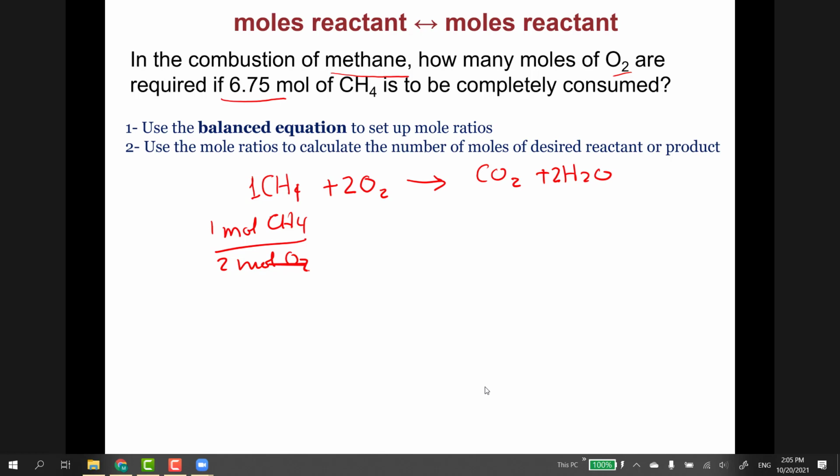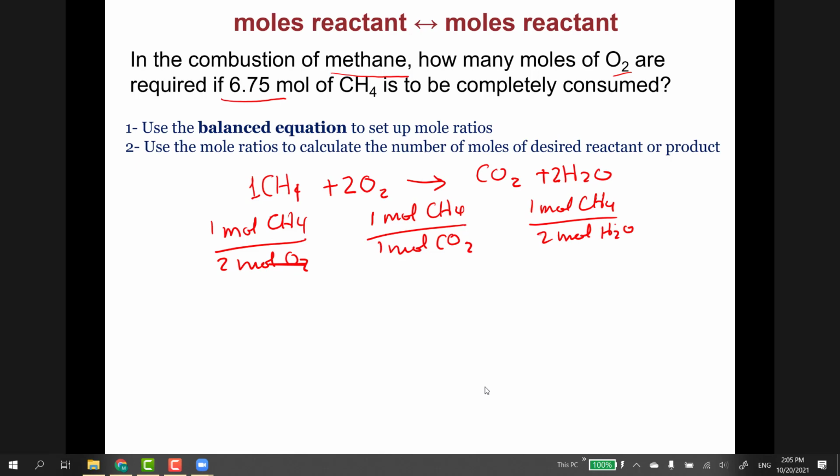The mole ratio between methane and carbon dioxide is 1 mole methane to 1 mole of carbon dioxide. The ratio between methane and water is 1 mole methane would produce 2 moles of water if this reaction is complete.